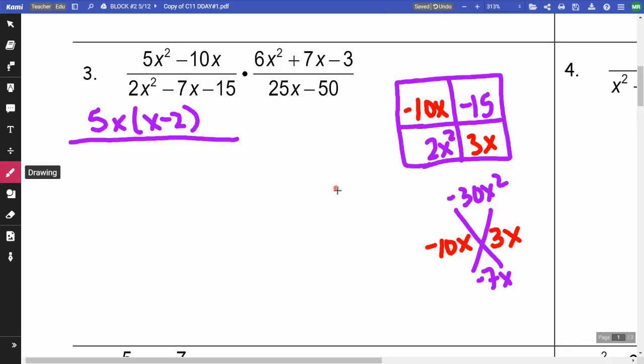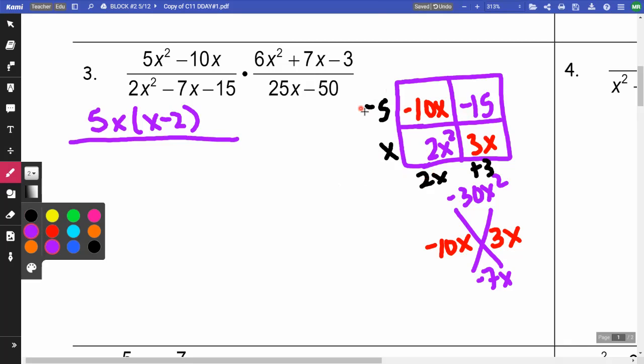Okay, so this is going to be a 2x. And 2x times what gets me 2x squared? Well, 2x times x. And then x times what gets me 3x? Well, that's going to be a plus 3. And 2x times what gets me a negative 10x? And that's going to be a negative 5. So that's going to be your factors, okay? And that's how you can do the 6x squared plus 7x minus 3 also.